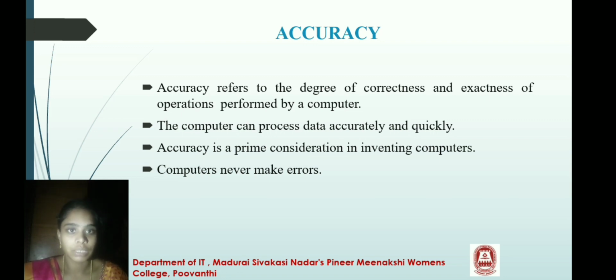When compared with a human, a computer can provide its result faster, and accurately. Processing data accurately and quickly was a prime consideration for inventing the computer. Computers never make errors like humans, because a human can make errors in some situations or in some complex calculations.